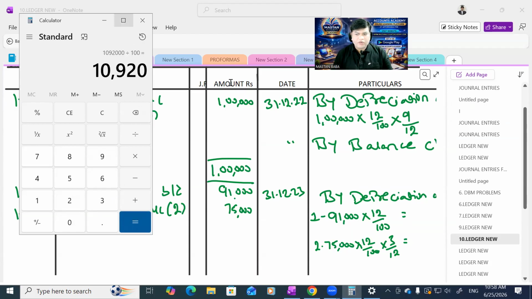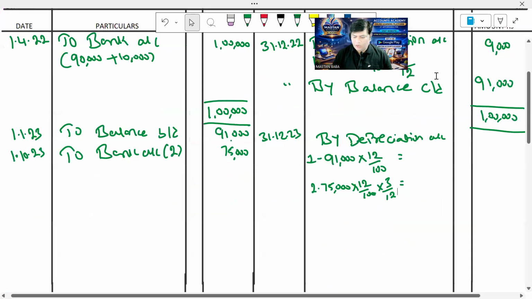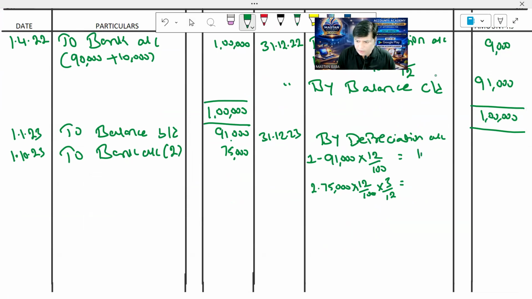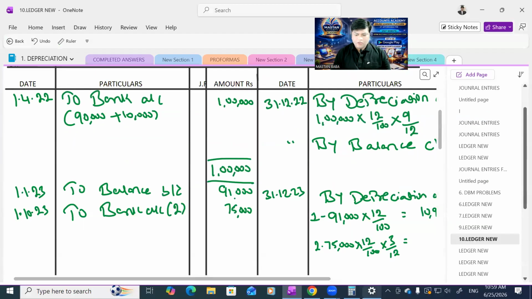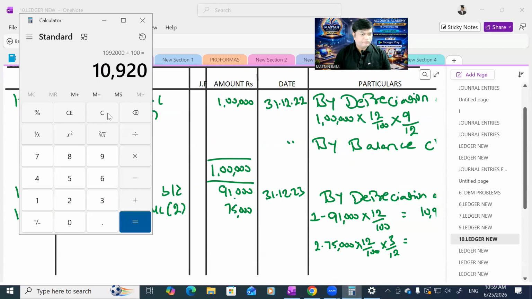So the first one is 10,920. I'm writing this 10,920 here, because it's a full year depreciation. And what about the second one? Second machinery, 75,000 into 12 by 100 into 3 by 12. So I'm calculating: 75,000 into 12 divided by 100, into 3 divided by 12.